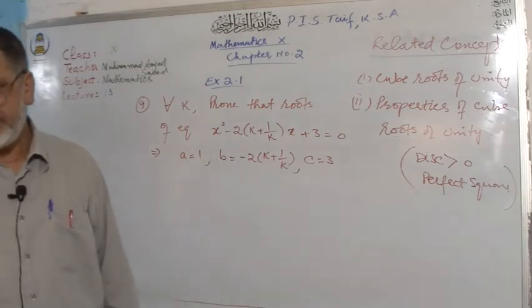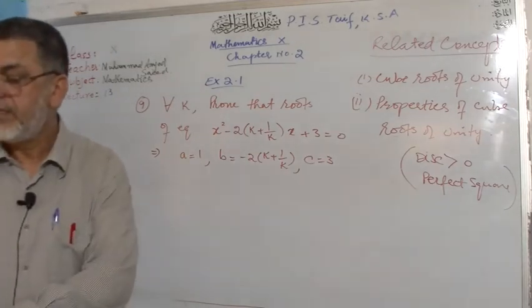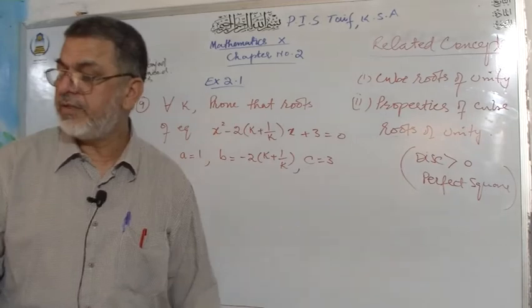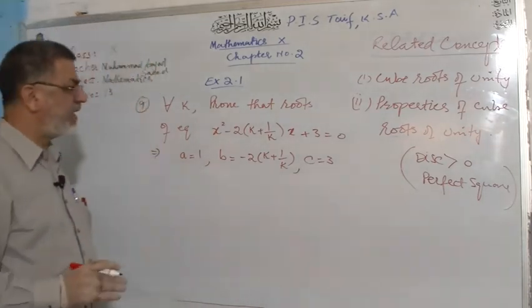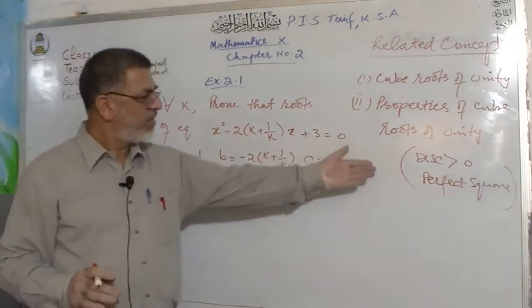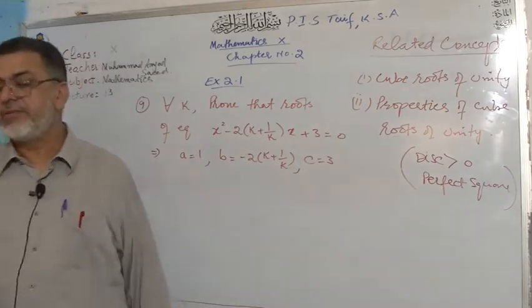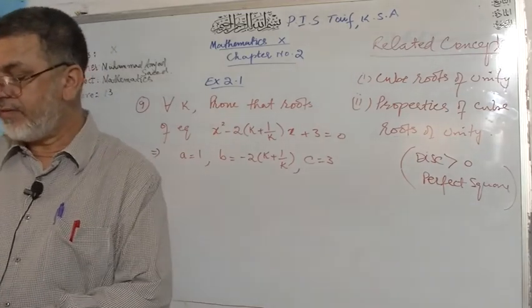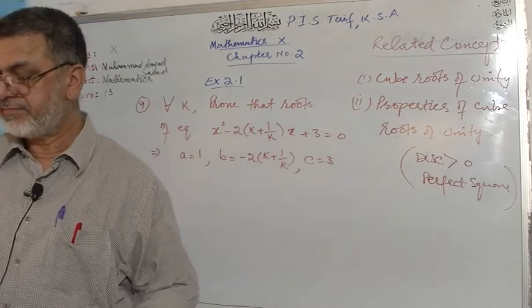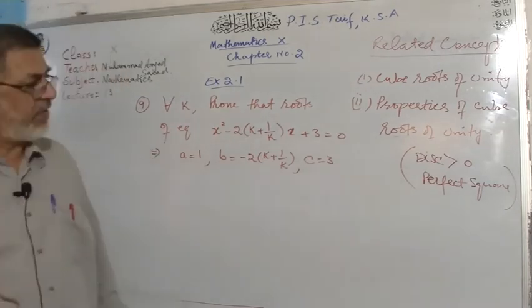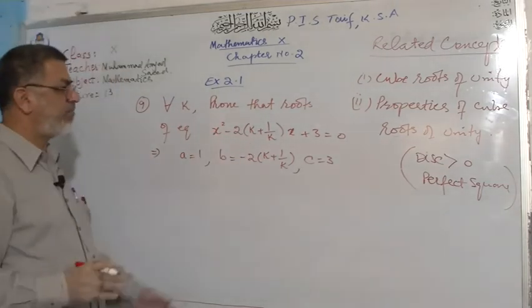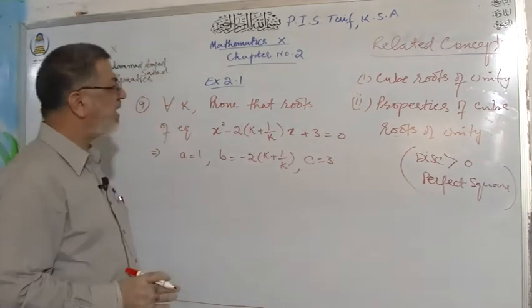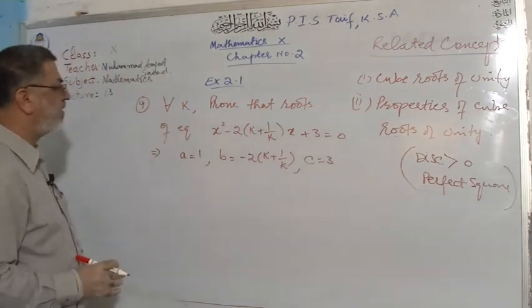You know that in case of real roots we must have the discriminant positive, and definitely it must be a perfect square. In that case the roots will be real.